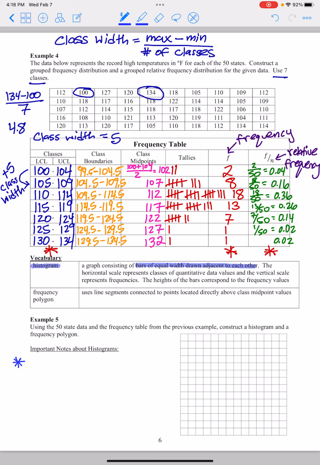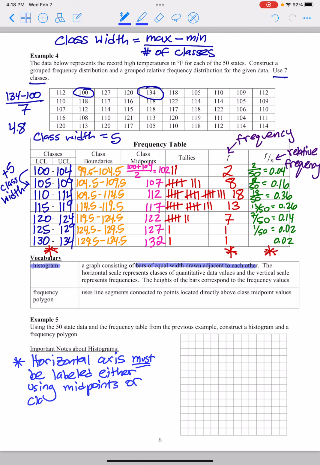One thing to note about a histogram is that the horizontal axis must be labeled either using midpoints or class boundaries.